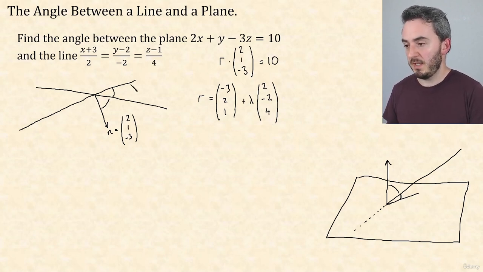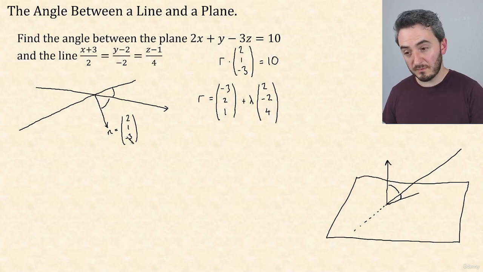What we have then is that the direction vector of our line here is (2, minus 2, 4), and the direction of this perpendicular is (2, 1, minus 3). So we're going to find the angle between those two vectors using the dot product.